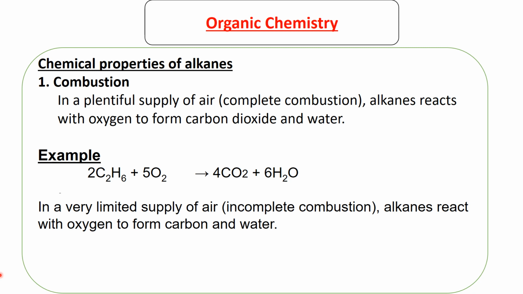Sometimes carbon monoxide and water. So here is an example. We have this alkane reacting with oxygen to form carbon and water. Note that sometimes carbon monoxide is produced, so it can be carbon monoxide and water.